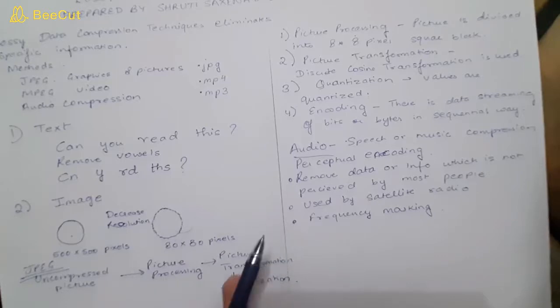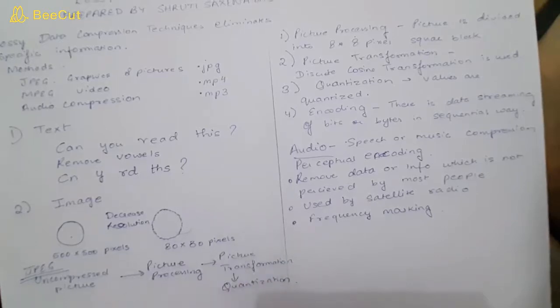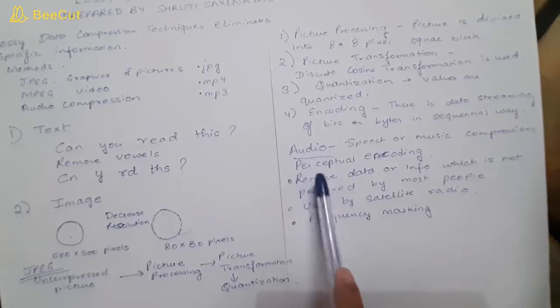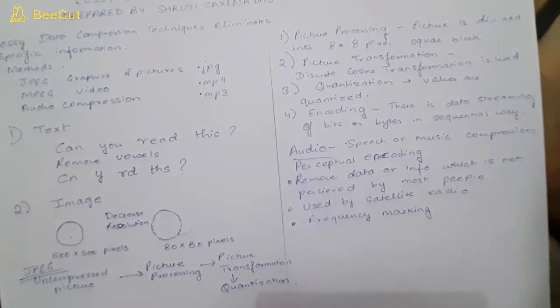In the case of audio also, because we created a louder sound and my sound was not audible, we removed that particular sound. So that's what we did in audio compression.